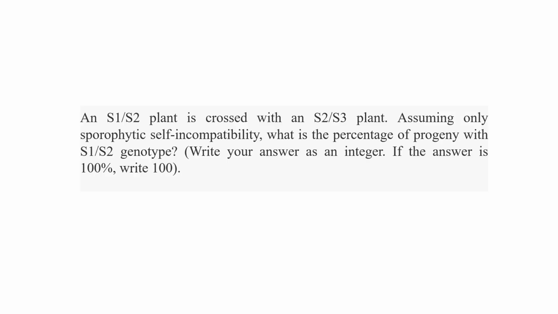The pollen phenotype is determined by the pollen's own haploid genotype. But in sporophytic self incompatibility, the pollen phenotype is determined by the diploid genotype of the pollen producing parent and not by the pollen's own haploid genotype.